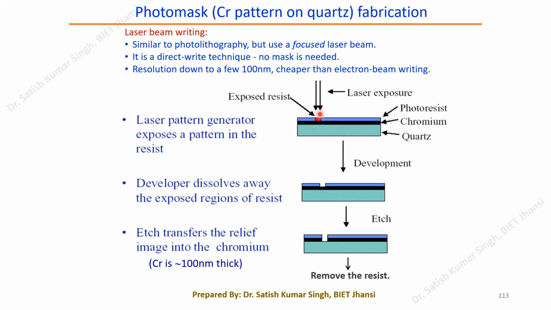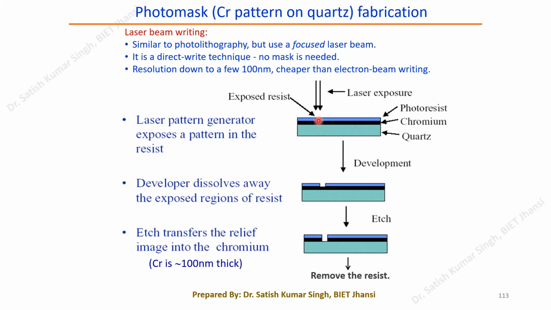Here we apply a focused laser beam. Let us say we want to make a pattern at this point. A very focused laser beam is applied, and obviously this region of the photoresist gets exposed.